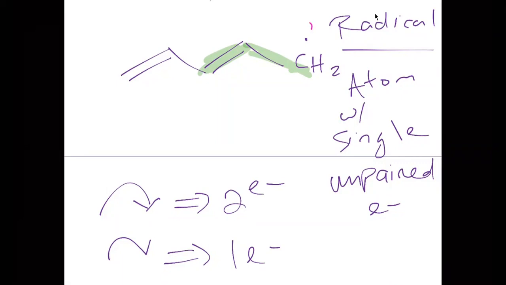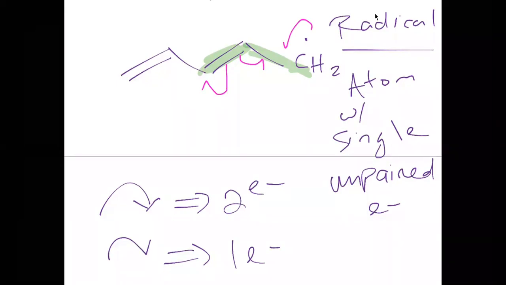So I'm going to show you in this example how these electrons would flow. So you have 1 electron here. You're still doing the same thing though. You're still trying to delocalize that electron. I'm going to take 1 electron from this pi bond and put it here. And I'm going to take the other electron and put it right there on that carbon, on that vertex. Are y'all following that?